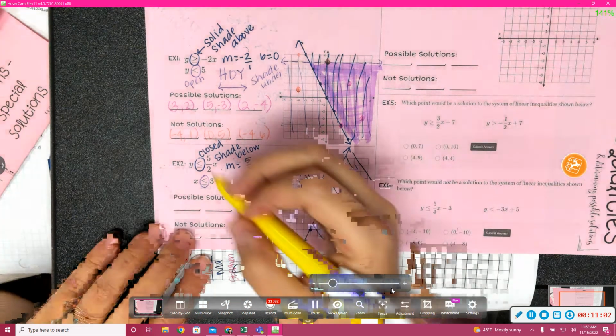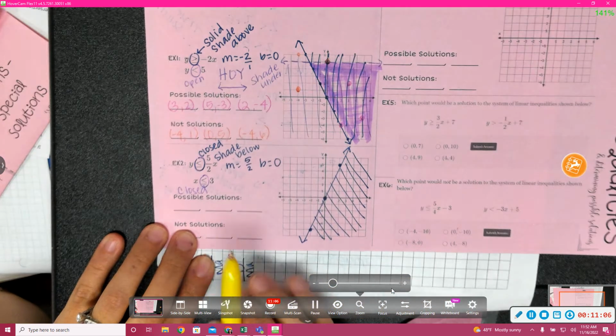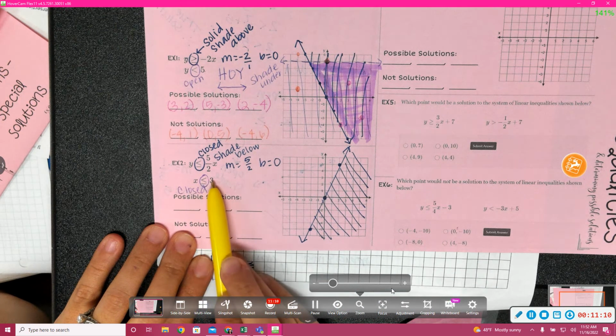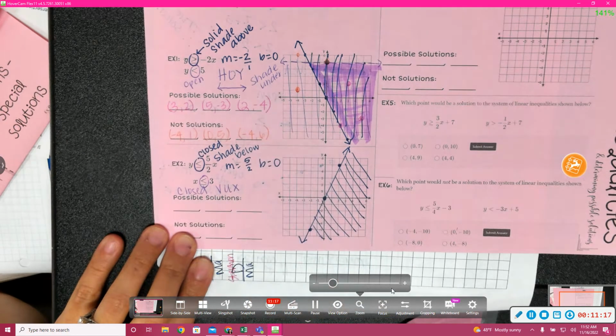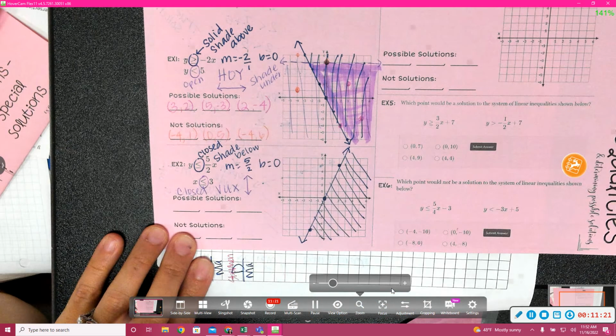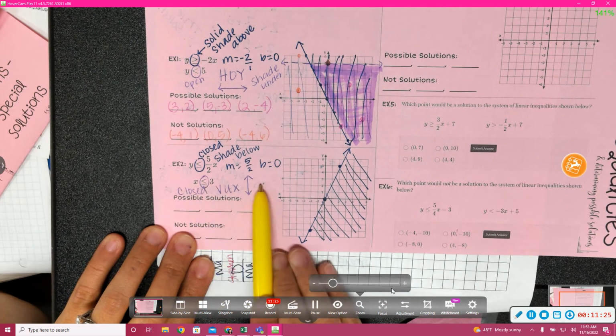My next inequality is also closed, but we are not comparing an x to a y, or y to an x. This time it's just x to a regular number. There is no y, so we remember the word "bucks," which means it's going to be a vertical line. So to show that x is less than, we're going to shade to the left.